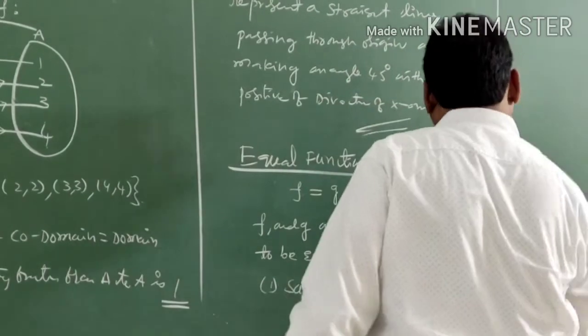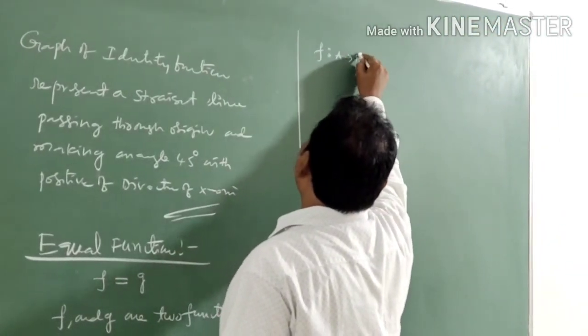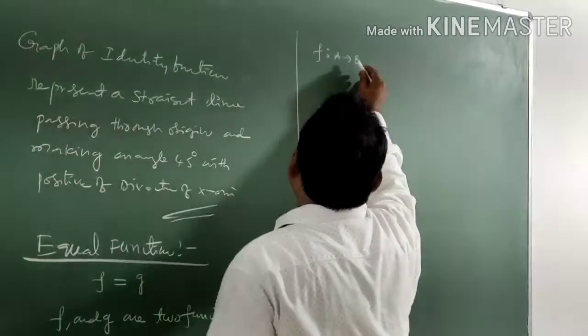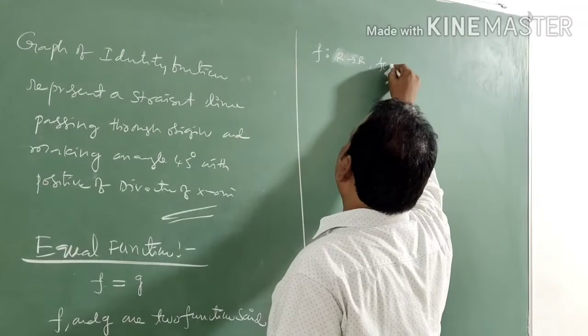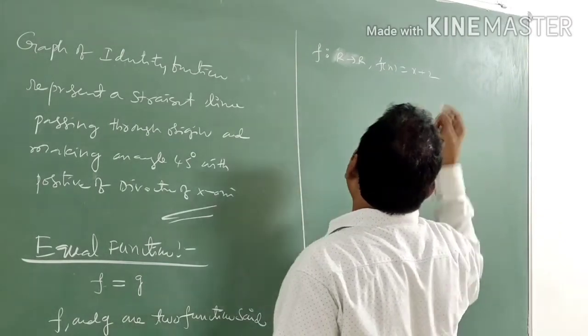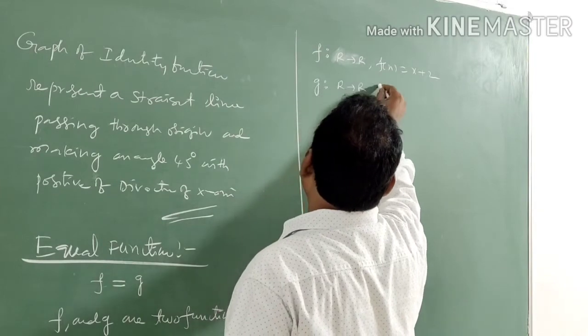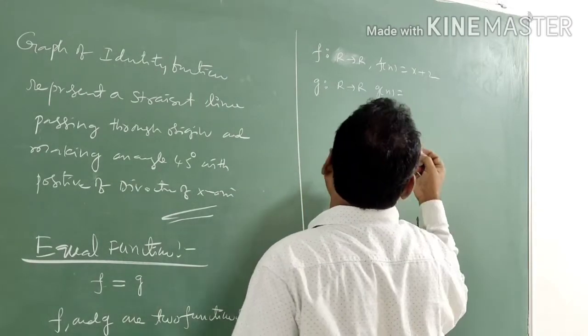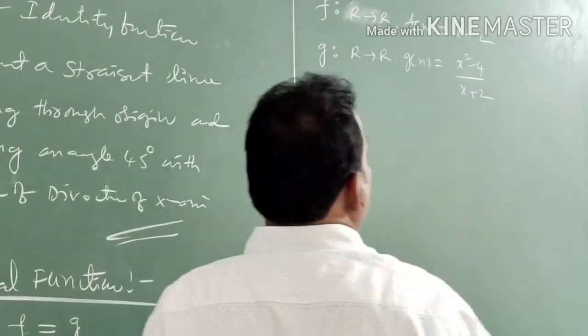For example, here two functions are given. f is a mapping from A to B, or otherwise you can take R to R. f of x is equal to x plus 2. Another function g is defined from R to R. g of x is equal to x square minus 4 by x plus 2.